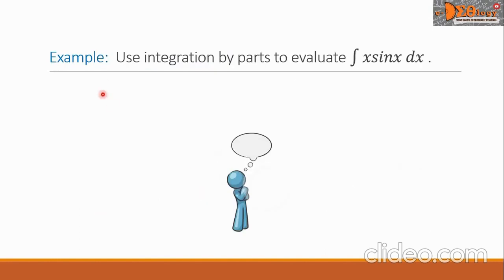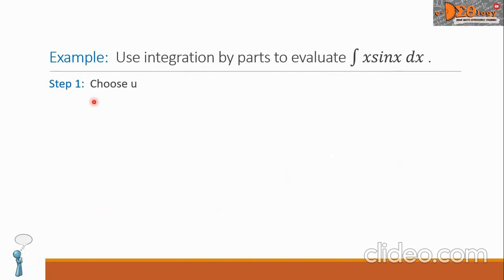Let us see this example. Use integration by parts to evaluate the integral of x sine x dx. Step 1 is we are going to choose which function to be the u. We have two functions here, the x and sine x. The first function x is algebraic, while the second function sine x is trigonometric.